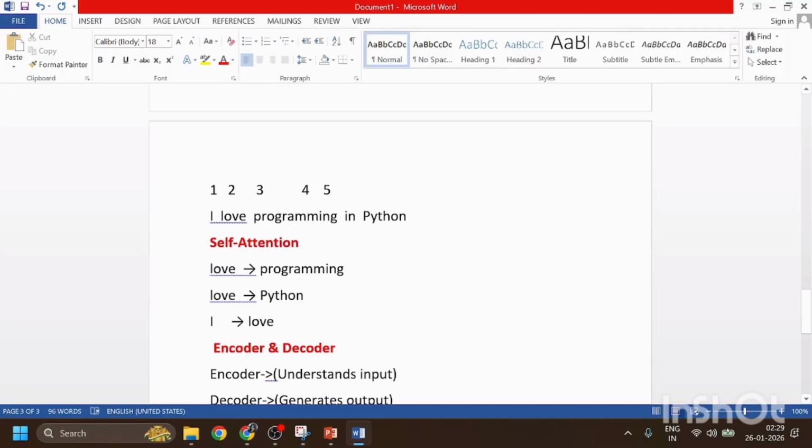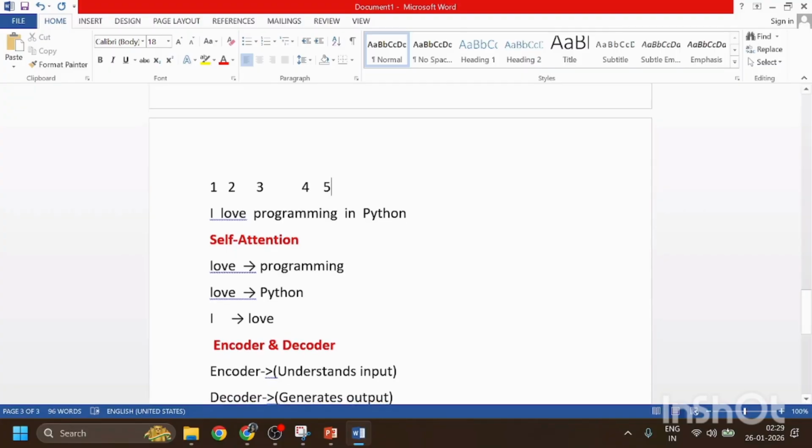Positional encoding tells the model which word comes first, second, and so on.